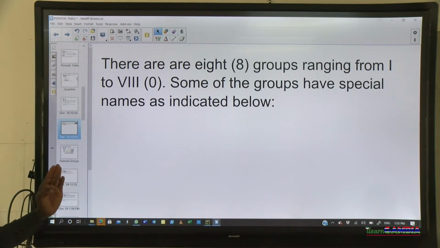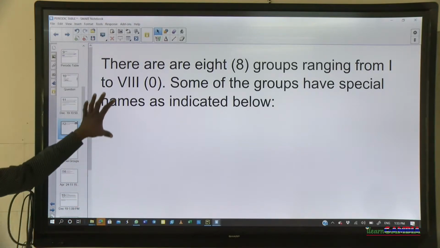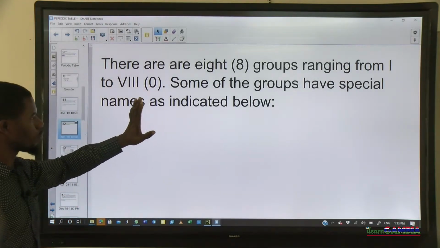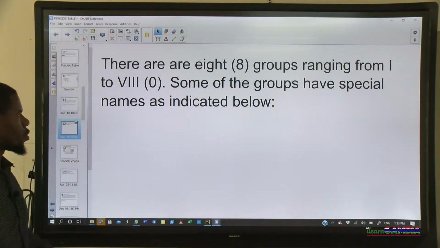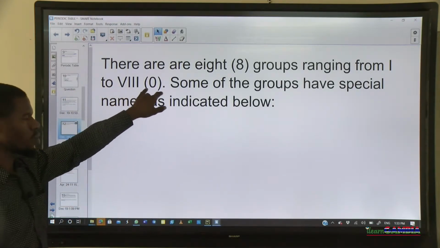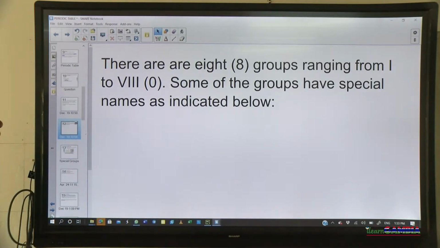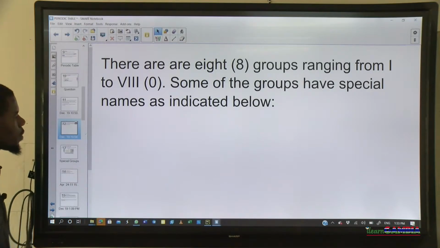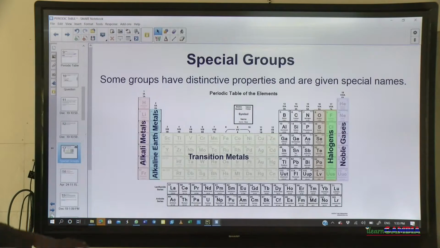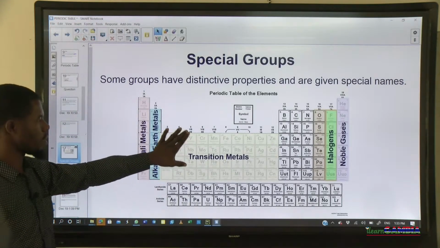There are 8 groups. At this level, we are looking at the 8 groups ranging from group 1, that is Roman figure 1, to Roman figure 8, or some may frequently write it as 0, and some of the groups have special names as we will see below. So these are the main group elements.